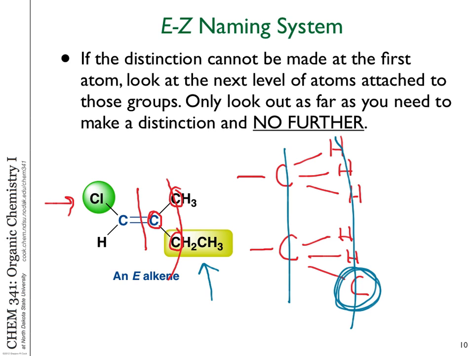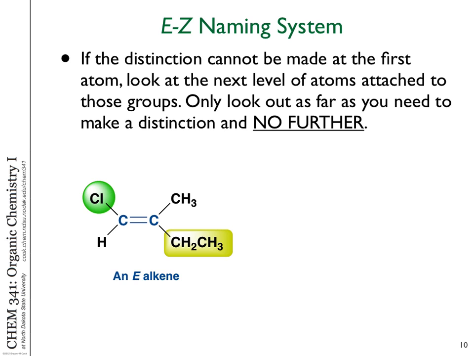Does that make sense? Question? What would you name that molecule? Let's see, let me clear this out for you. I would name this molecule, let's see, the longest chain would be 1, 2, 3, 4, and there's a methyl group on 2 and a chlorine on 1. So I would call this E instead of trans.